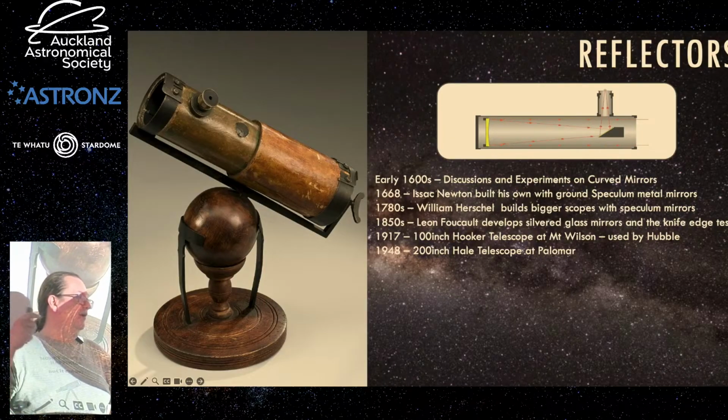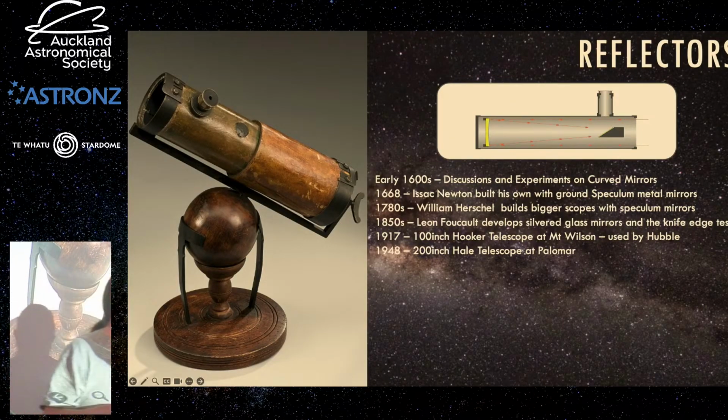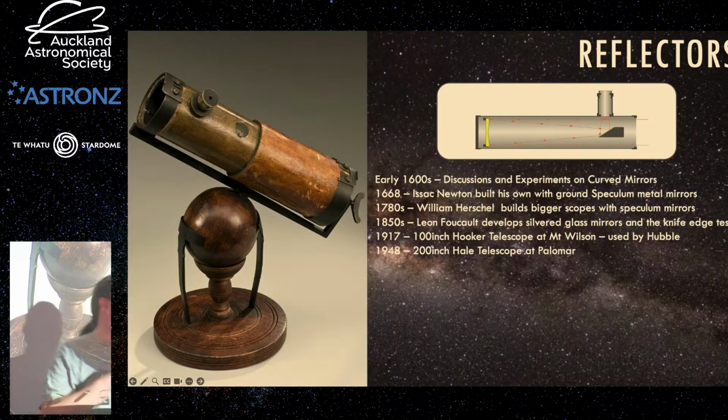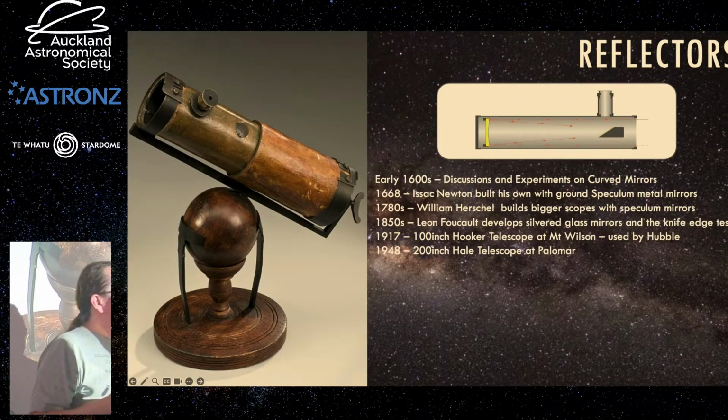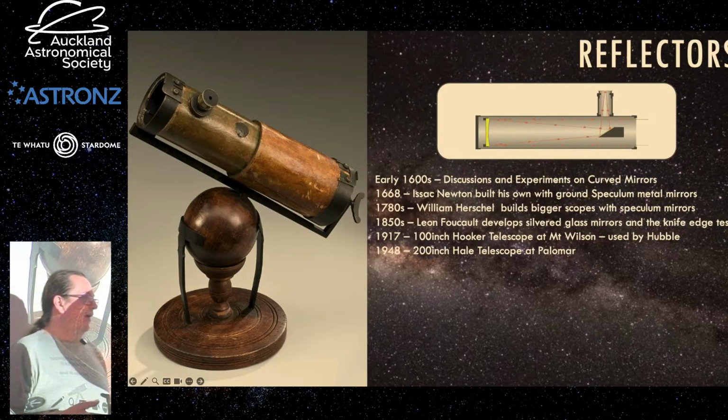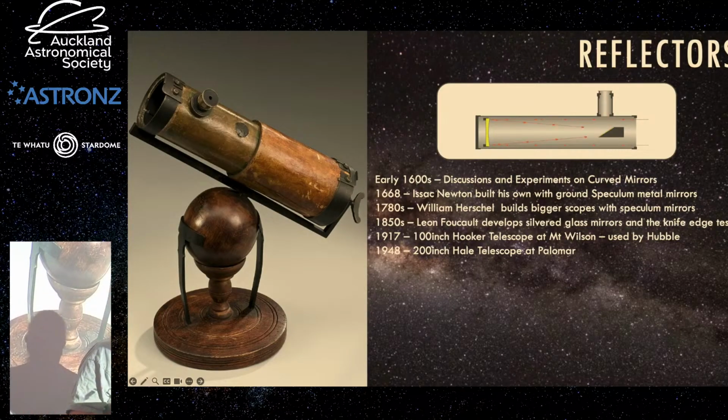Viewing a pinpoint light across a knife edge, the viewer sees a pattern on the glass that essentially magnifies any imperfections. So he was able to create very accurately ground glass mirrors, and glass could be made much bigger and much more easily, ground much more easily, and then silvered.